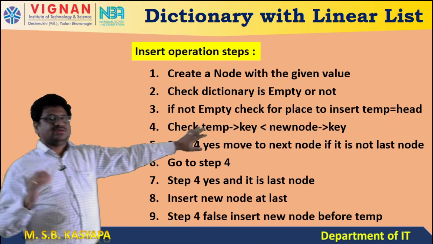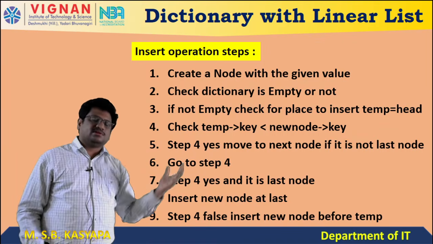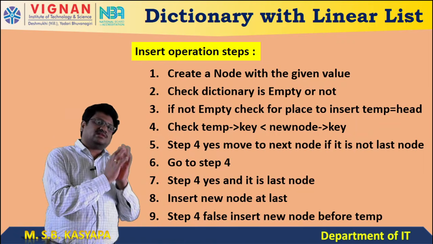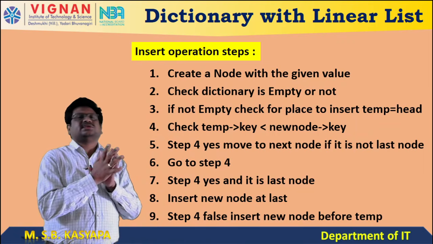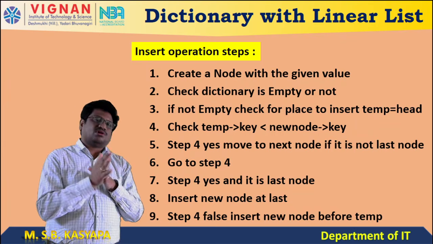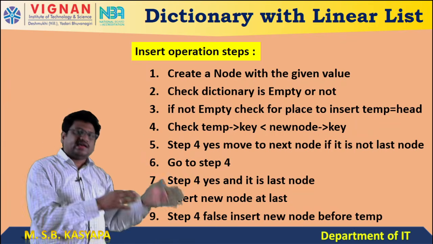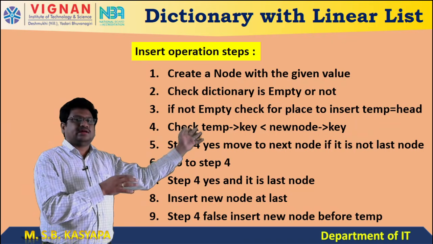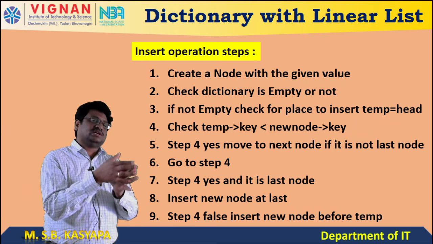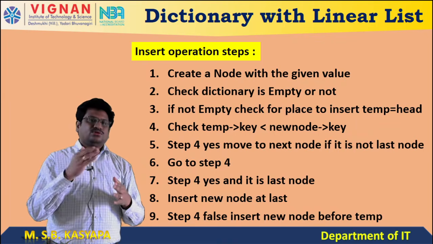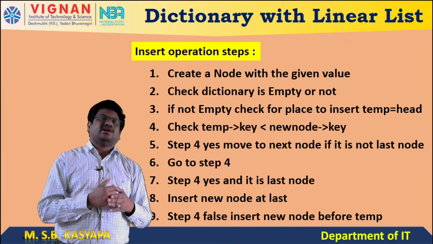So how to check? First I read the head value into a temporary variable and check whether that starting element's key is less than the new node's key or not. If it is less than, then I move to the next step, and again I go to step 4. Again here I check whether the next node's key is less than the targeted key or not. I will go like this until I find the last node.